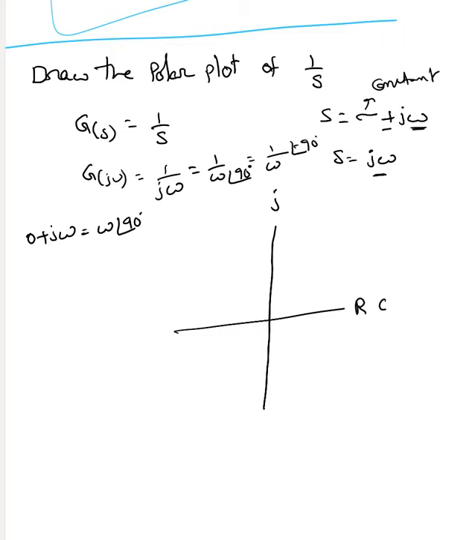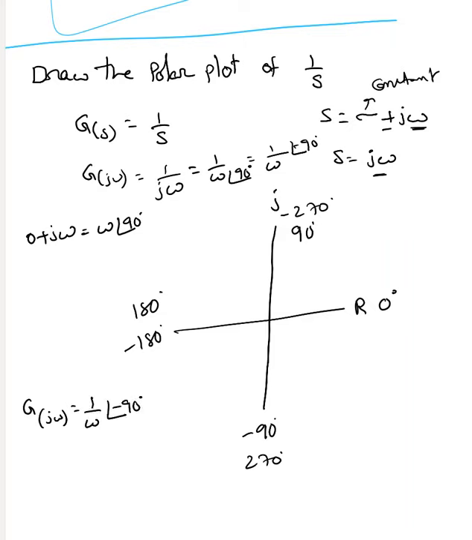So here we know that this is 0 degrees, this is minus 90, minus 180, minus 270, or you can say plus 90, plus 180, plus 270 degrees. Now I have G of j omega equal to 1 over omega at an angle of minus 90 degrees.